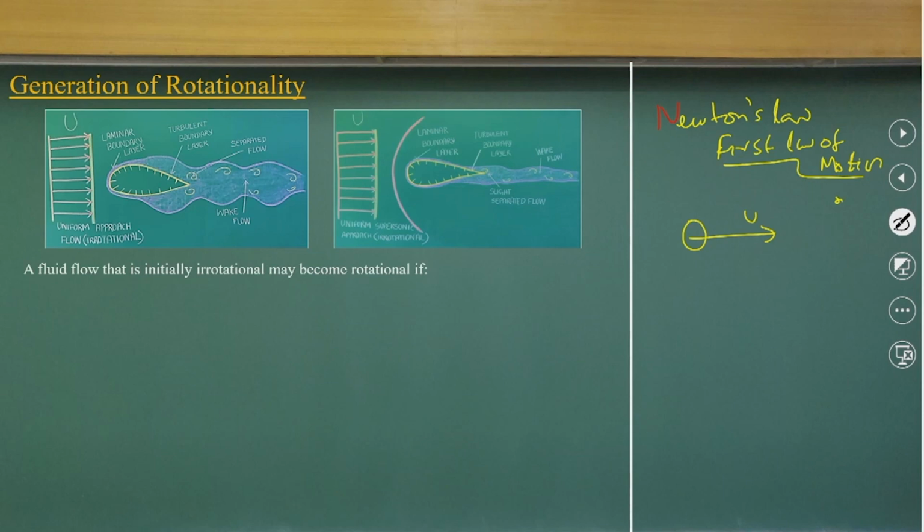The concept is the same as in Newton's first law of motion, which says that when a body is moving and no external force is applied, it will not accelerate, decelerate, or change its direction of motion. The same concept is here. Instead of the laws of motion, here we talk about rotations.